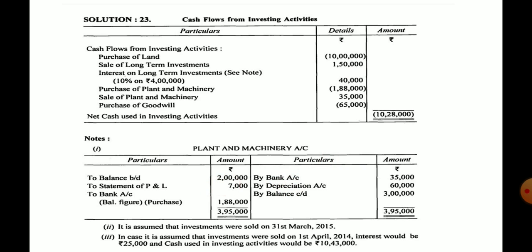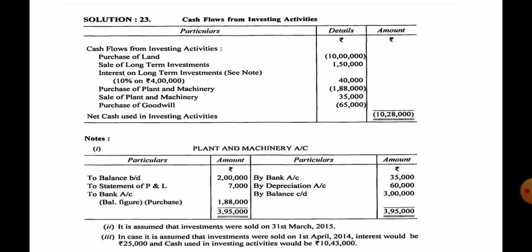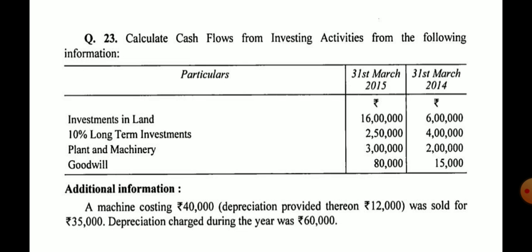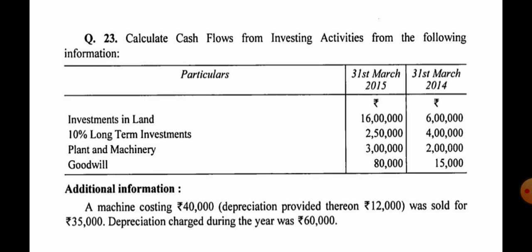Balance b/d is given in the question, and c/d is also given, so b/d and c/d are written here. Sold for 35,000, see in the question, and depreciation is 60,000.